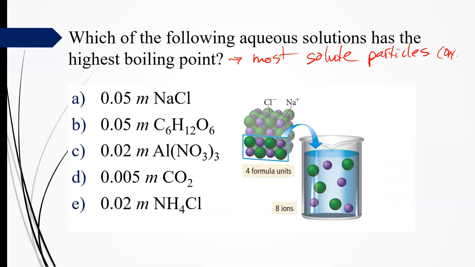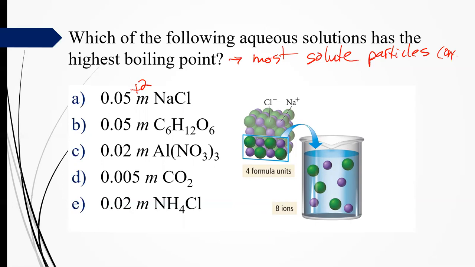But now we also have to take into account the Van't Hoff factor. So NaCl is an ionic compound, so it's definitely going to be an electrolyte. And so we need to multiply that by 2 because it makes 2 ions when it dissolves. This is an all non-metal compound, so that's going to be covalent. That's not going to dissociate. It's going to be a non-electrolyte, so we can leave that one alone.